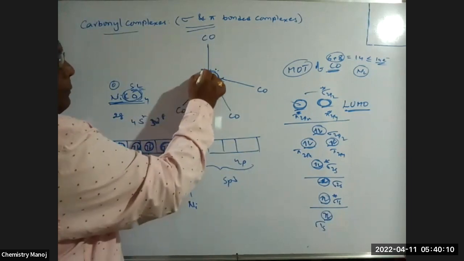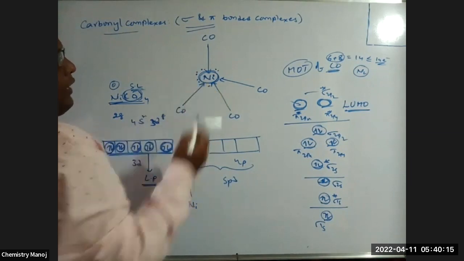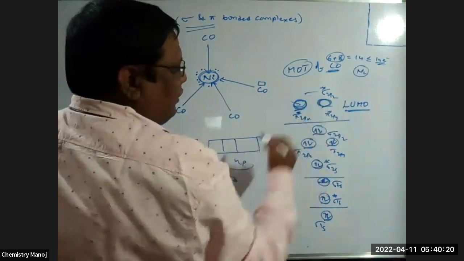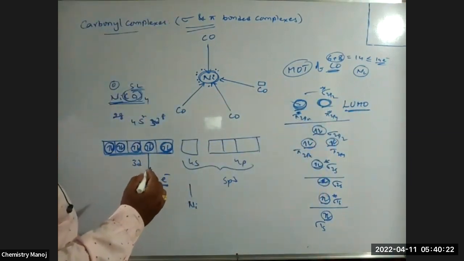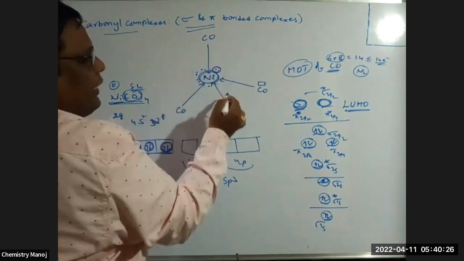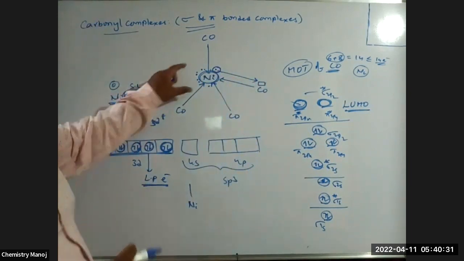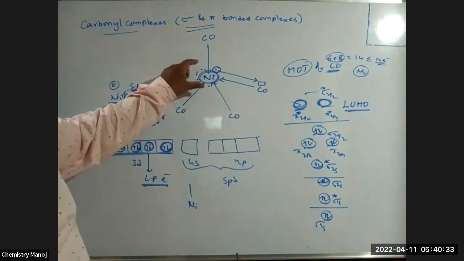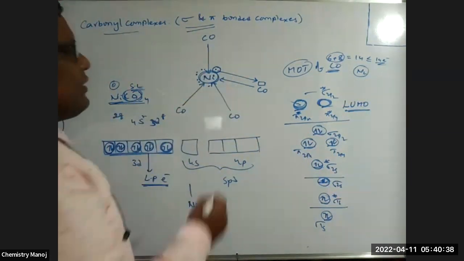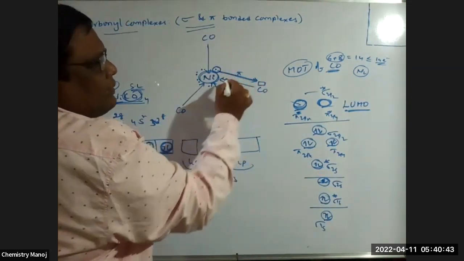Five lone pairs are there. Carbon monoxide also has empty orbitals. Correct or wrong? Because of that, the lone pair of nickel is donated to carbon, since there are electronic repulsions. Because of repulsions, nickel can also donate that electron pair to carbon monoxide. Because of that, there is a sigma bond, a pi bond, and a synergic bond.